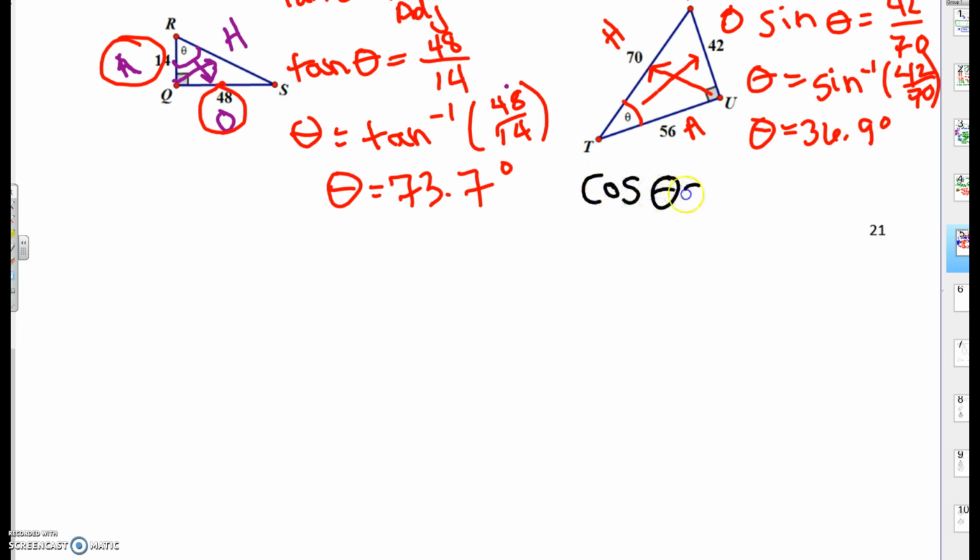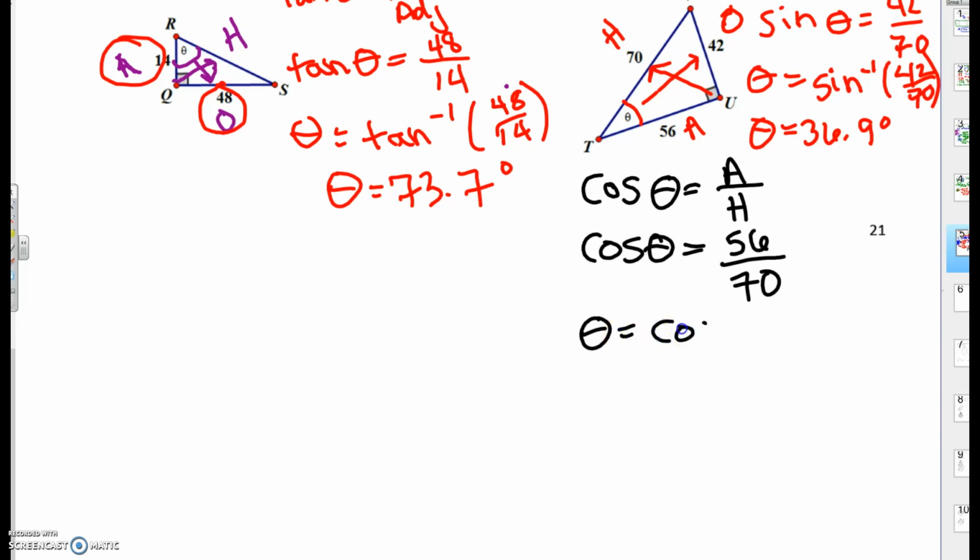Well, cosine of theta is adjacent over hypotenuse, A over H. Well, cosine theta, the adjacent side was 56. The hypotenuse was 70. So theta would equal cosine inverse of 56 over 70.